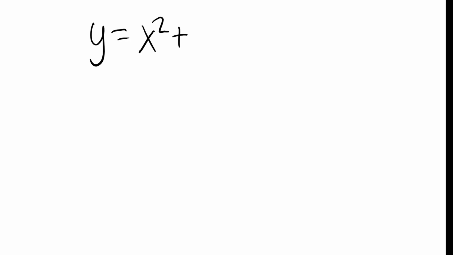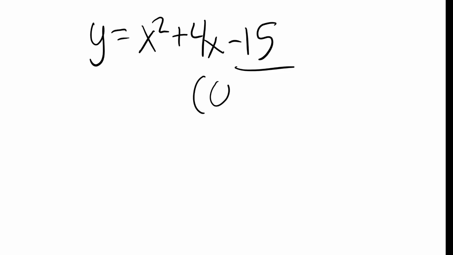It's just going to look something like x squared plus 4x minus 15. And they're going to ask you, what is the y-intercept? All you're going to do is look at the last number here. And because the y-intercept is an x-coordinate and a y-coordinate, we have to give an ordered pair. We're just going to do (0, negative 15).